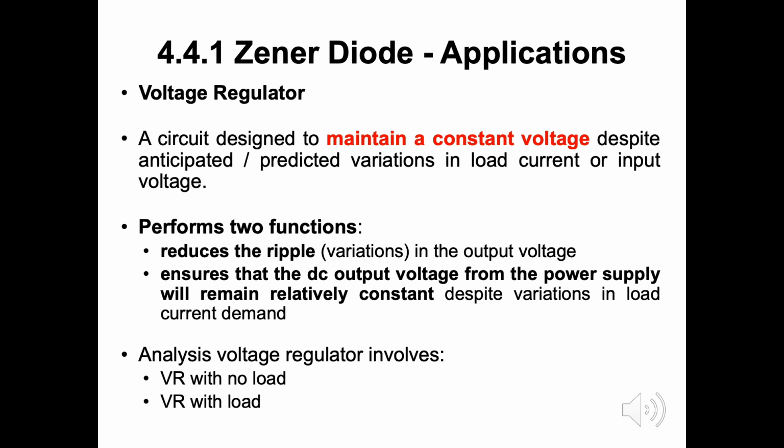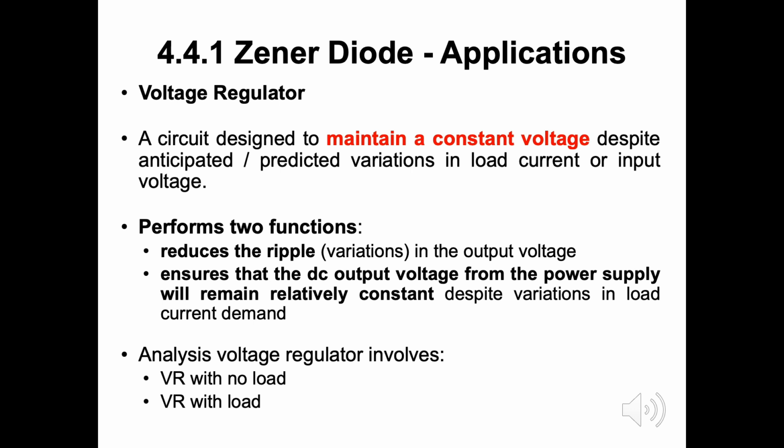Voltage regulator. Have you heard about regulator before? A voltage regulator is a circuit which was designed to maintain a constant voltage despite anticipated or predicted variations in load current or input voltage.